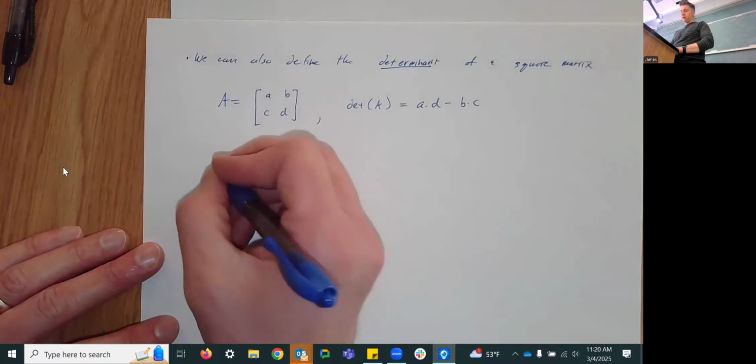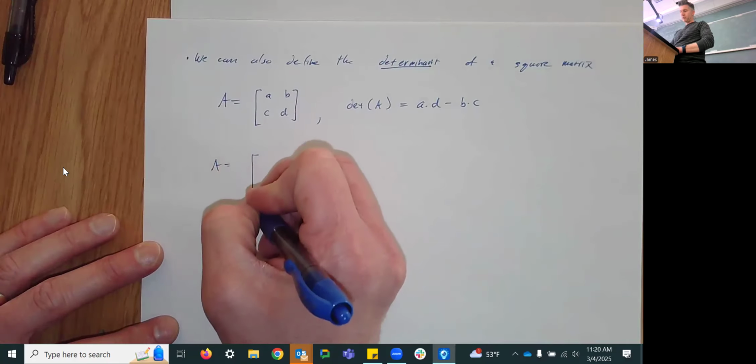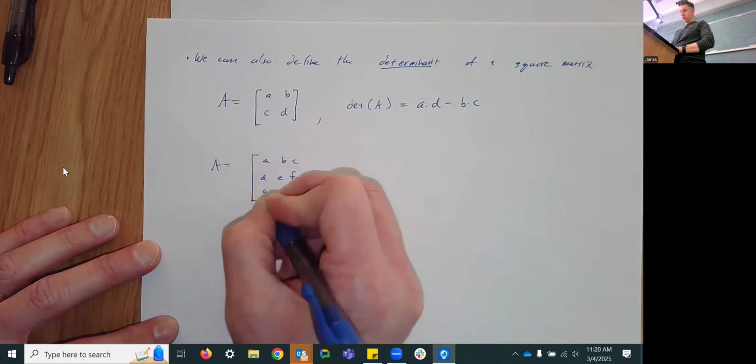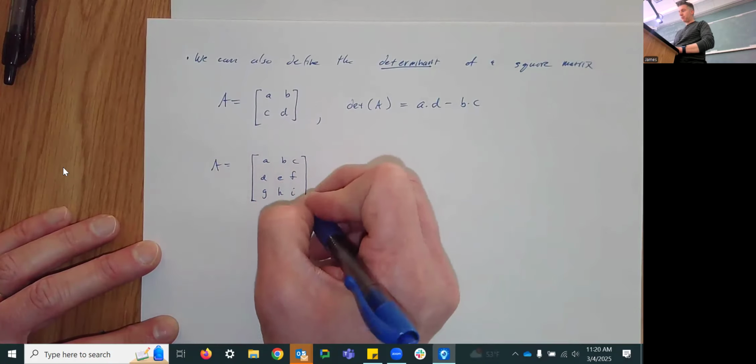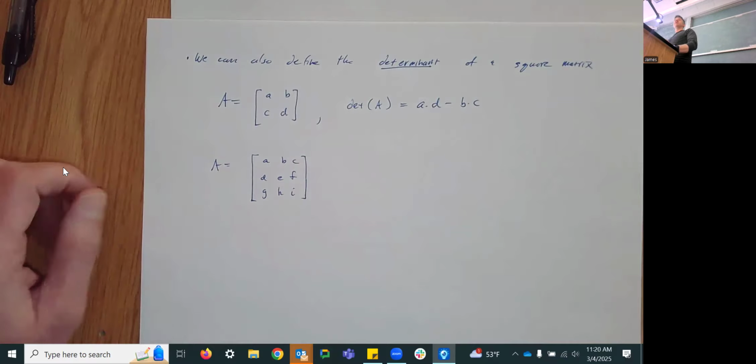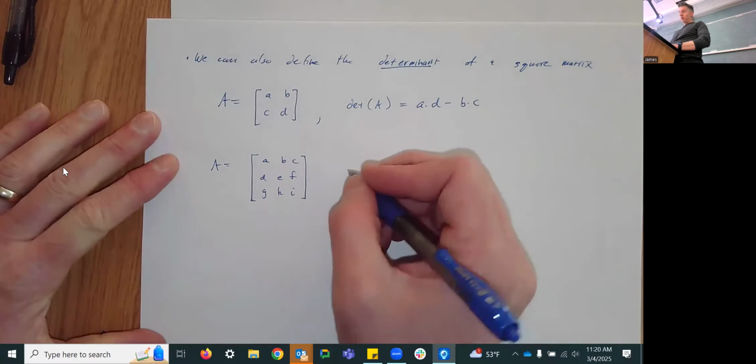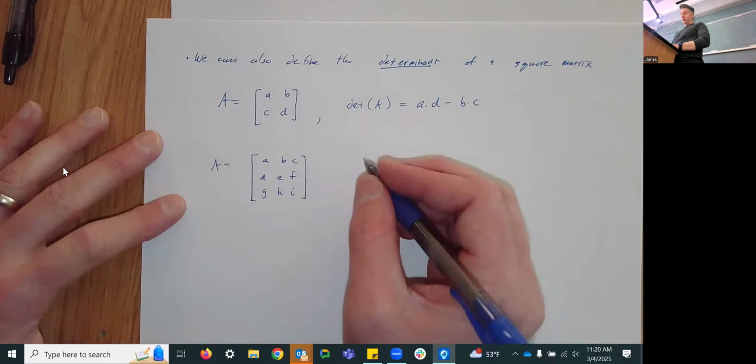For a 3 by 3 matrix, A, B, C, D, E, F, G, H, I, there is a convenient way of finding the determinant there, although you may or may not be asked to do this. So the way you calculate the determinant of A is the following.